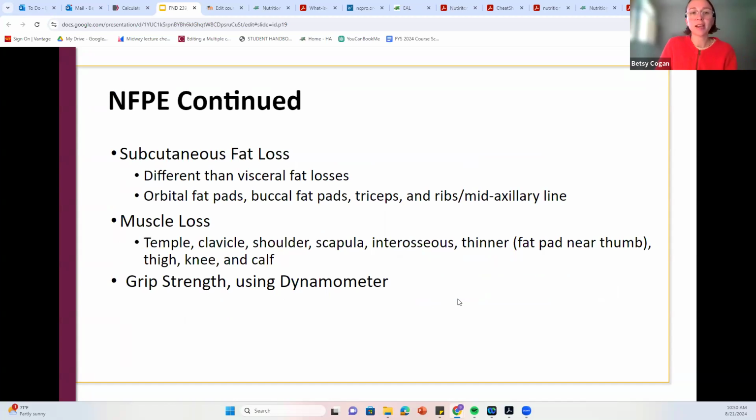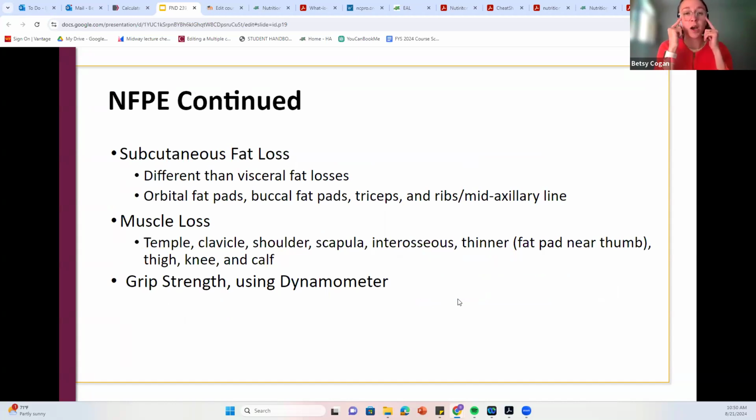So NFPE is used a lot to assess fat loss and muscle loss. So here, right, we can use our eyes and do a hands-on physical exam to assess for changes in our different fat pads, right? So we're looking around the eyes.